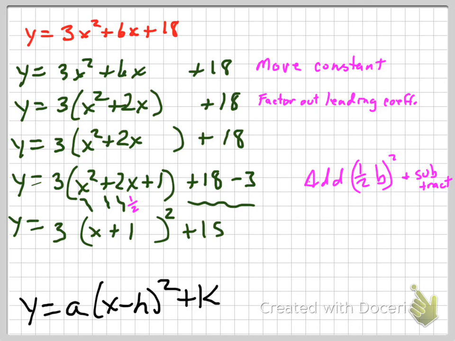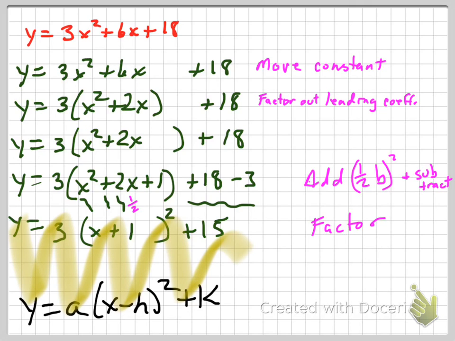And then do 18 minus 3. And then what you should notice is they're the same. We have the form that we need: A times x minus h squared plus k. So now we could graph it and come up with all the pieces based on that.